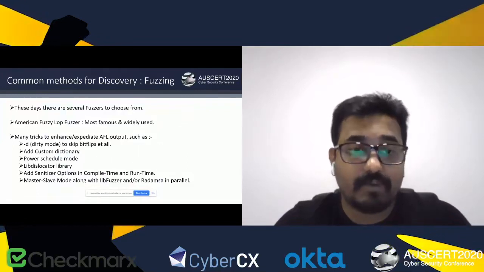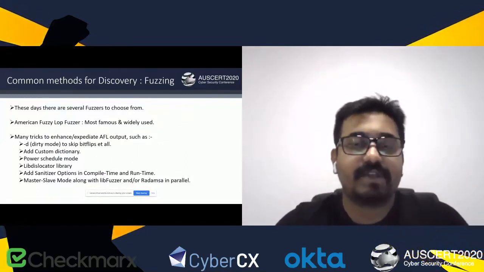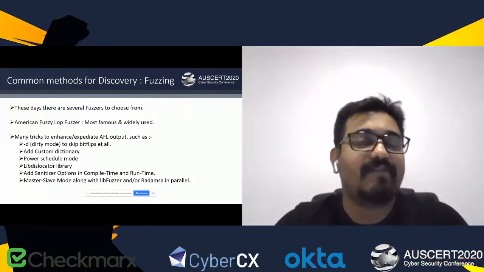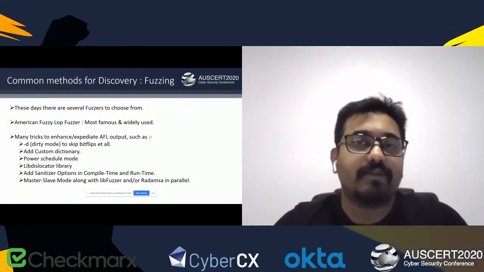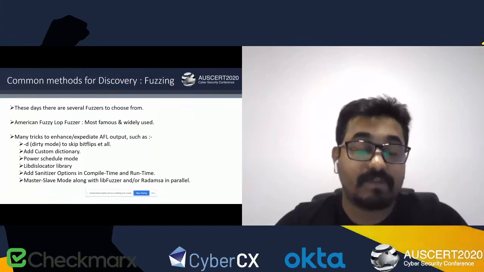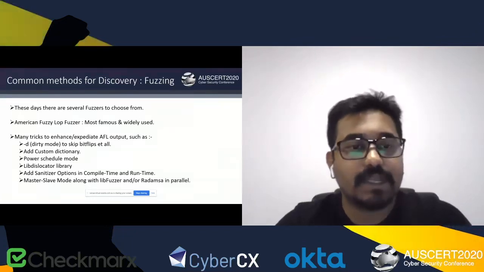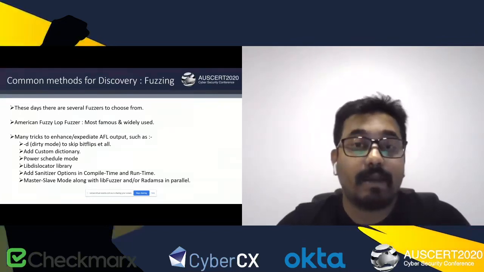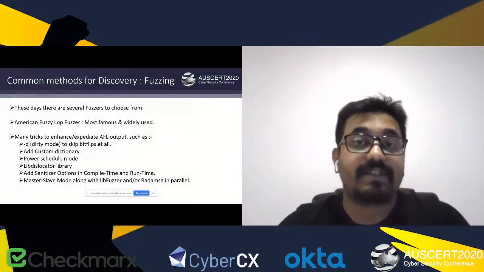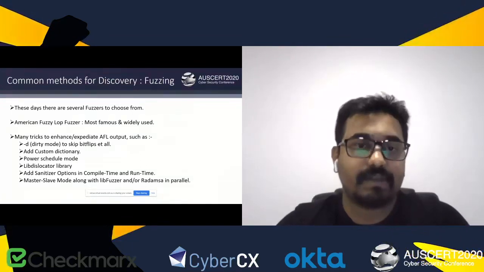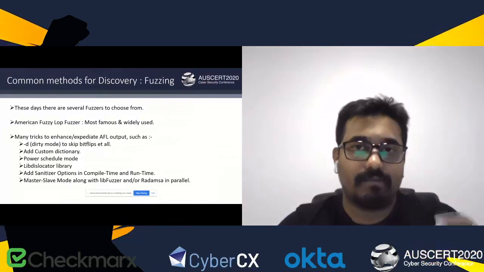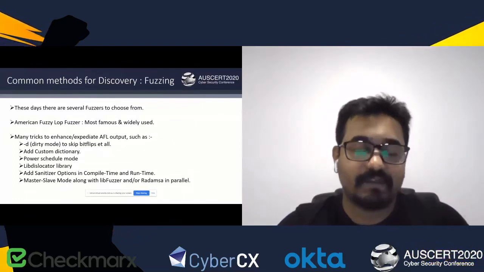You can use the dirty mode to skip bit flips and byte flips. That way you will get faster results, but you might miss out on some bit flips and byte flips, which could cause some crashes. You can add a custom dictionary, which will help generate smarter files from the fuzzer because it knows the dictionary, the syntax of that format.